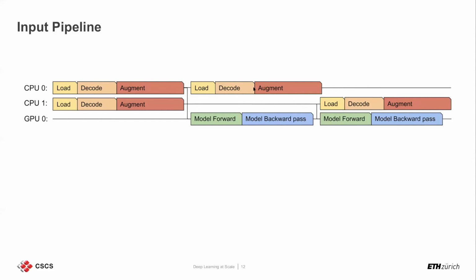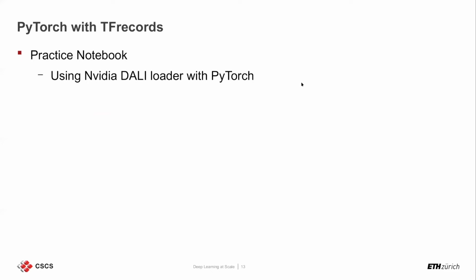That's especially useful if you don't have enough CPUs. Obviously, this augmentation can be done much faster on the GPUs. Well, GPUs are made for graphics, so it's done extremely efficiently on GPU.